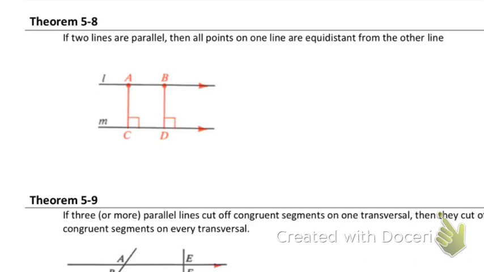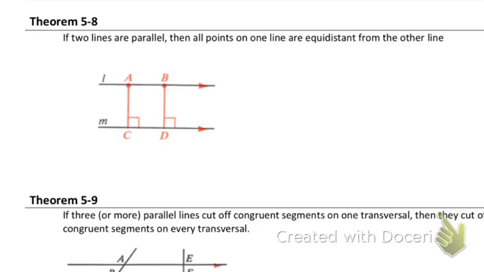It says if 2 lines are parallel, then all points on one line are equidistant from the other line. So if you have 2 parallel lines, that means the distance between them is always the same. It will never get closer, right?